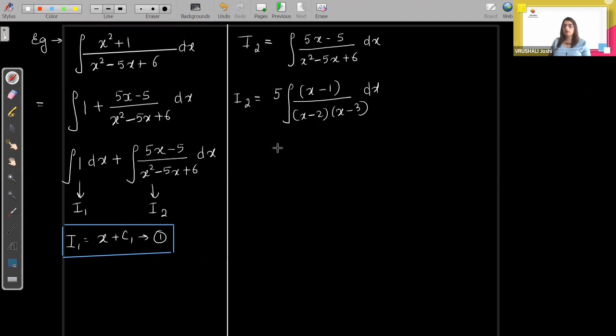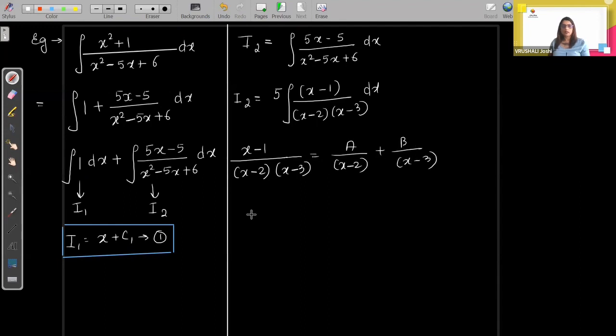Again, we can take this as x minus 1 by x minus 2 into x minus 3, which is equal to a by x minus 2 plus b by x minus 3. Now I think all of you know what you have to do. The denominator will cancel out. In the numerator we will have x minus 1 equal to a into x minus 3 plus b into x minus 2. Correct?